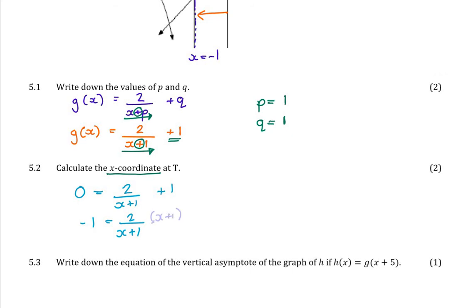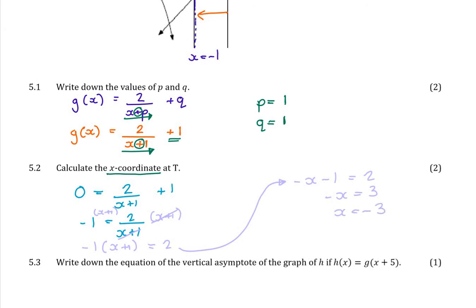So that multiplies by x plus 1 and it cancels. This is going to multiply by x plus 1, and so I get negative 1 times (x plus 1) equals 2. And if I go over next door, that gives me negative x minus 1 equals 2. So negative x equals 3, and x is equal to negative 3.